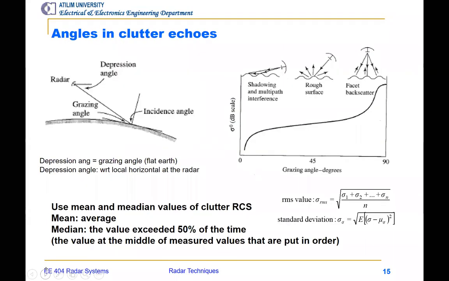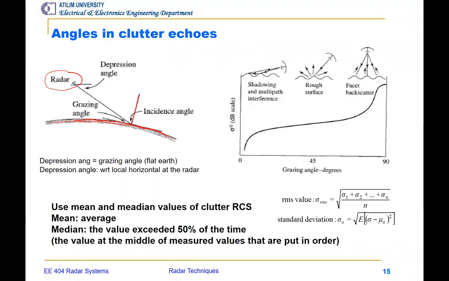Okay, let's talk about the effect of angles on clutter echoes. Again, we consider an air platform, a radar installed on an air platform, and we got Earth here. There's a curvature, and let us first describe angles here.